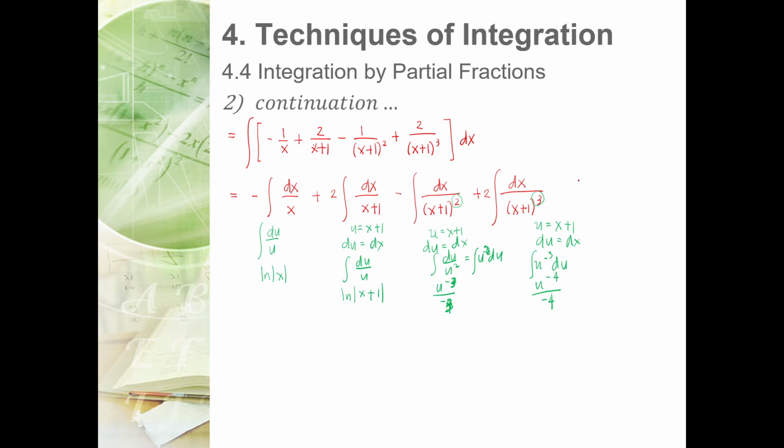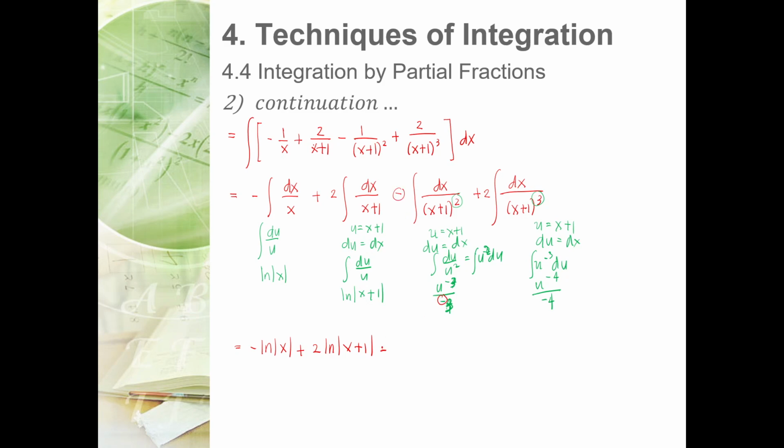So these are the solutions, it's not a shortcut, right? That's the verification. So negative ln of x plus 2 ln of x plus 1, and then minus. So instead of minus, this becomes plus because minus and then minus.